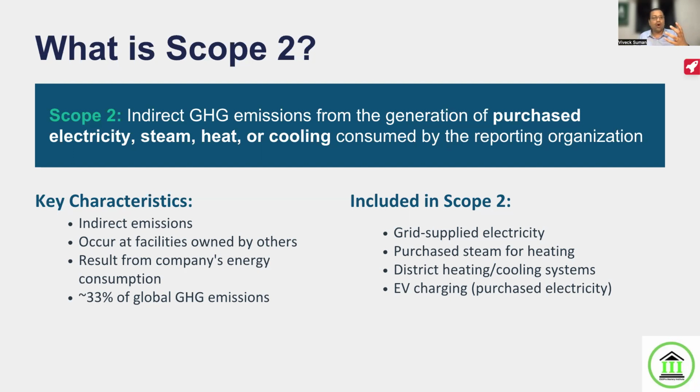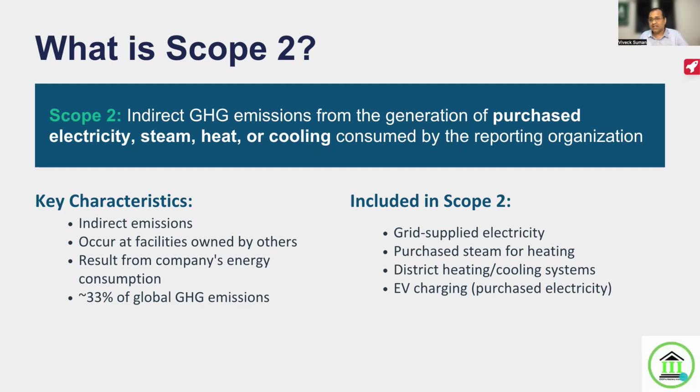These emissions don't occur at any facility you own or control. Remember that. Clear? It happens outside of your facility most of the time, if you don't have a captive unit. If you have a captive unit, it is part of scope 1, not 2. Are you with me? If you have a captive electricity generation unit, and large companies like JSW and Tata Steel might have a captive unit inside their factory or even a little outside, but in their owned or controlled facility, in that case it is scope 1.